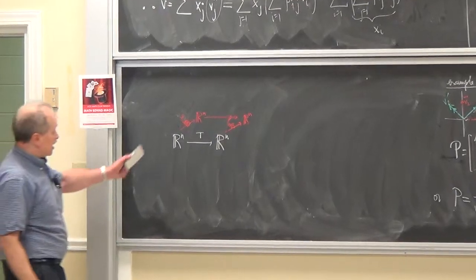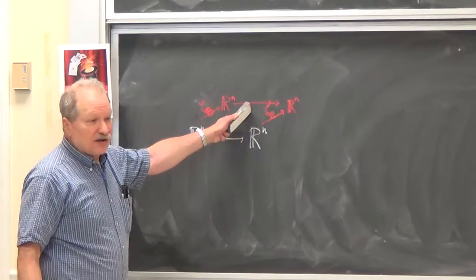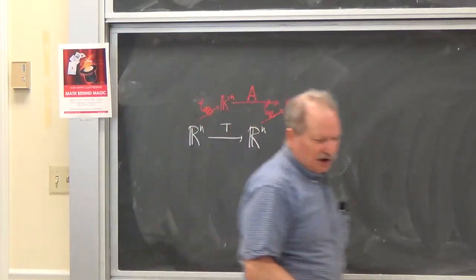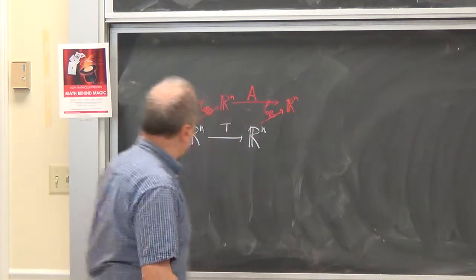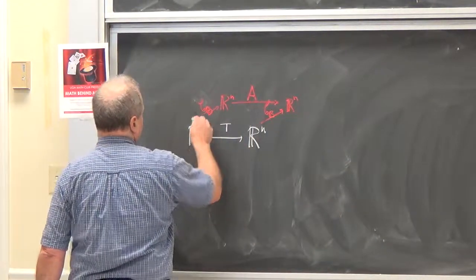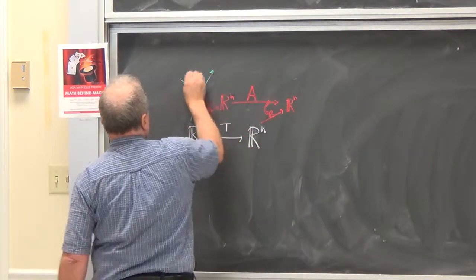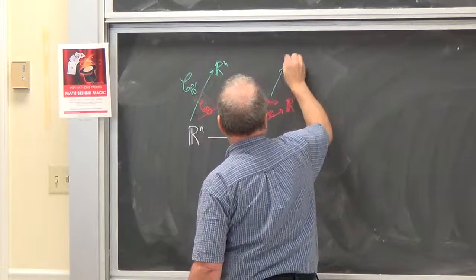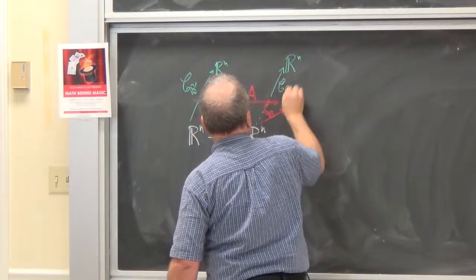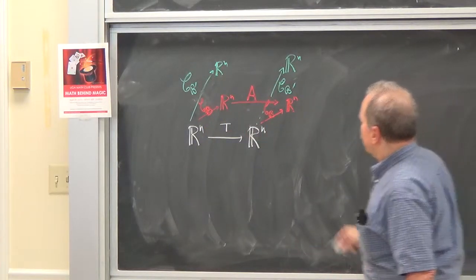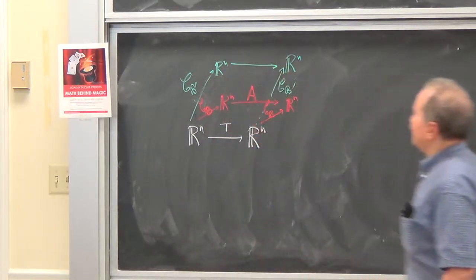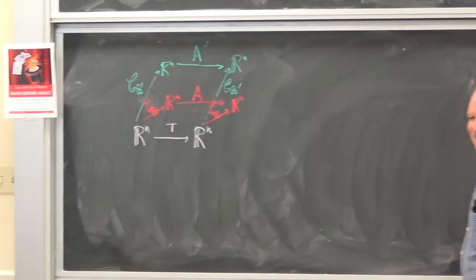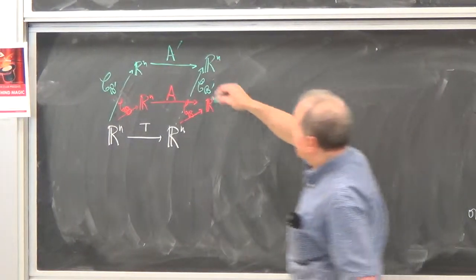That was what we were calling A, right? In the original basis, this was our matrix A. But then along comes our primed basis. And in the new basis, you've got our matrix A prime. How are these two matrices related?